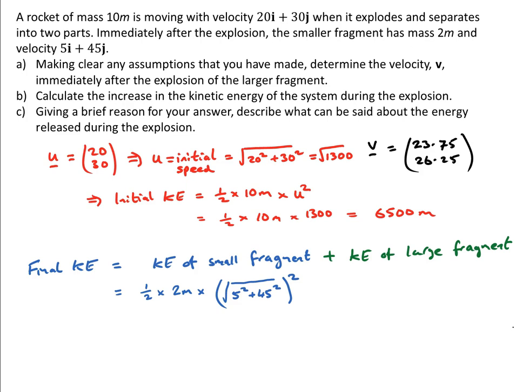Similarly, the kinetic energy of the large fragment immediately after the explosion is going to be a half times 8m times (the square root of 23.75 squared plus 26.25 squared, which is the speed of the large fragment) squared.